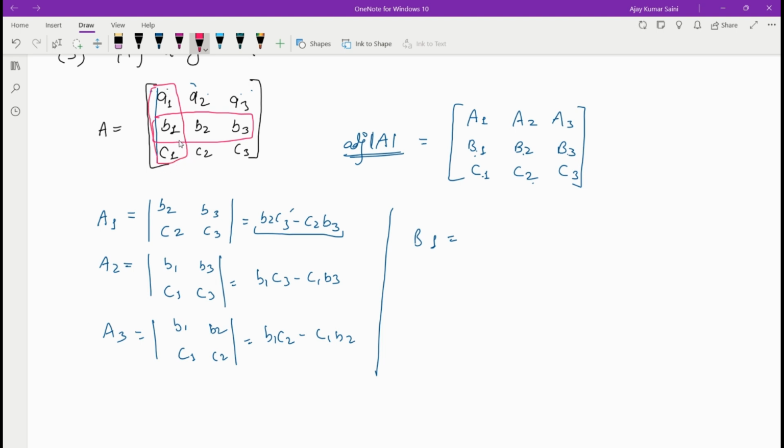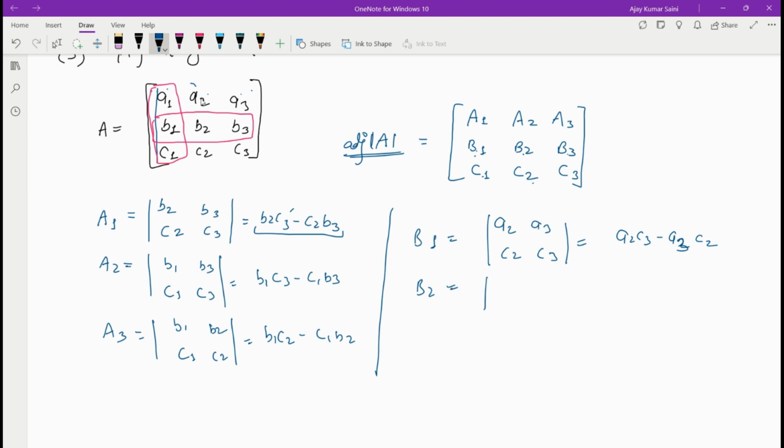Same thing, now I change the row number and keep the same column. So now I can write a2, a3, c2, c3. So it is equal to a2 c3 minus c2 a3. Okay.